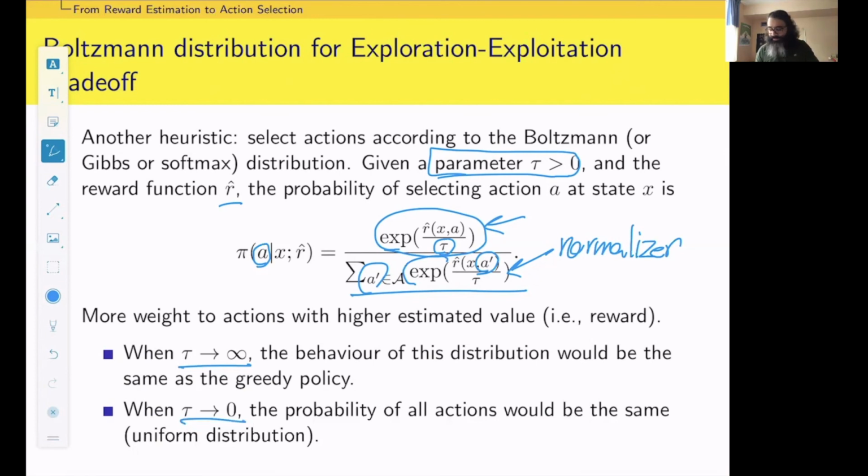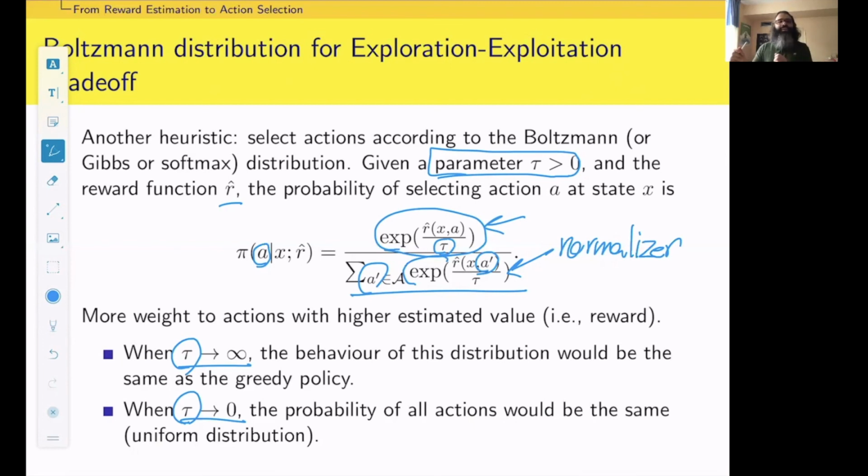And if tau becomes 0, the probability of selecting all actions becomes the same, so the distribution becomes close to uniform distribution. So by changing this tau, we can go from exploiting with a greedy policy to completely exploring with a uniform distribution.